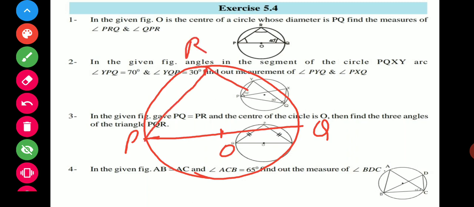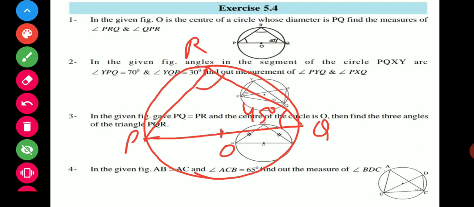So this angle can be drawn. This angle is given as 45 degree.